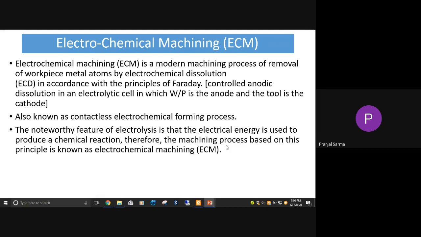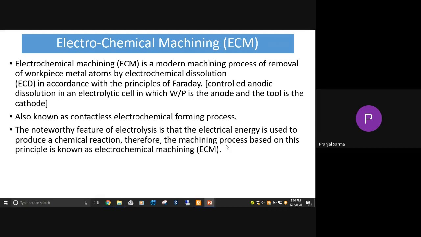This dissolution happens according to Faraday's laws of electrolysis, which you have studied in your previous classes, maybe class 11, 12. This process is based on Faraday's law of electrolysis.